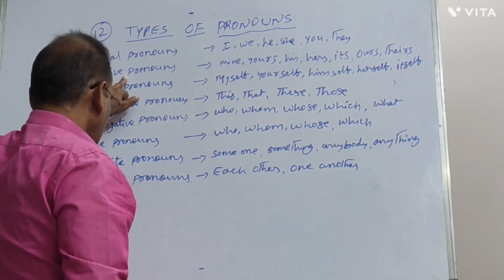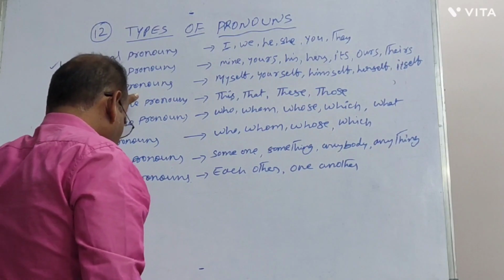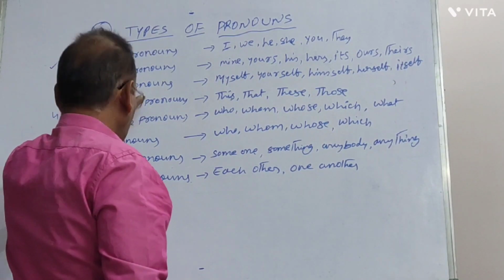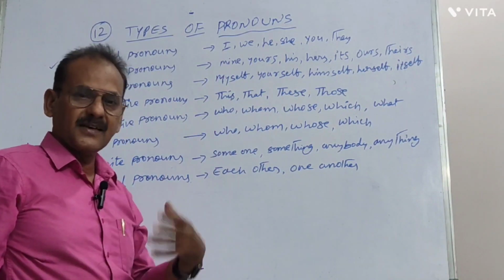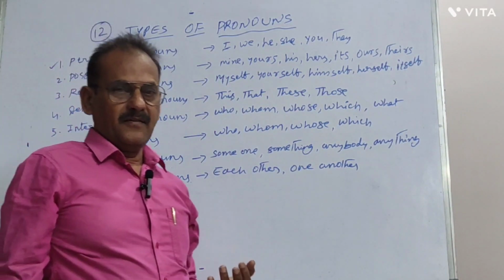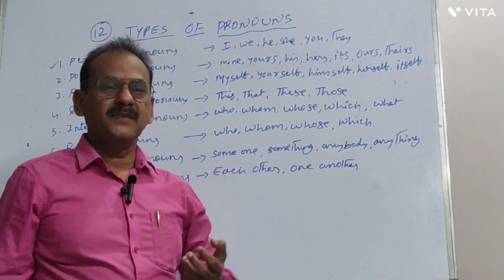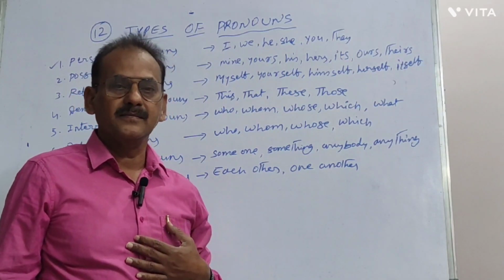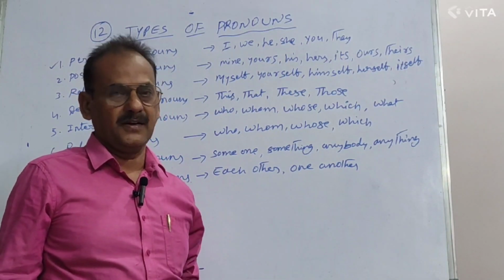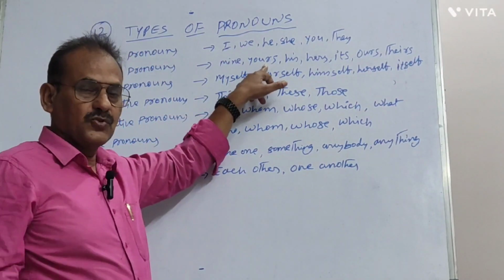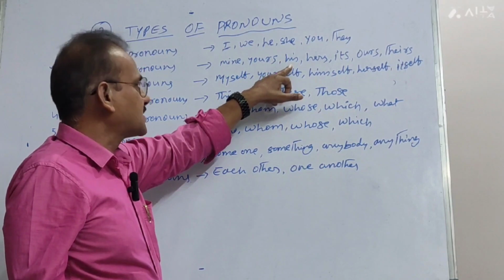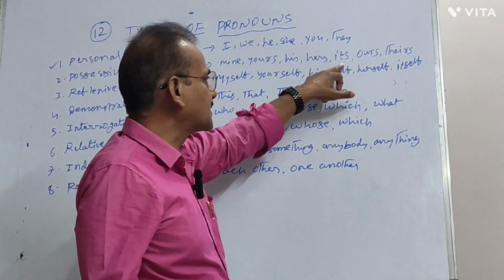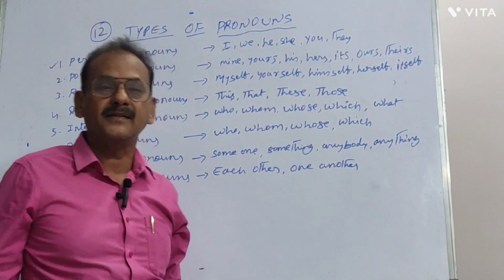When we show ownership of something. You see, it's mine. It's a kind of ownership. When we speak about something belonging to me, that means I am the owner of that one. And yours, so you are the owner of something. Or his, or hers, or its, or ours, or theirs.